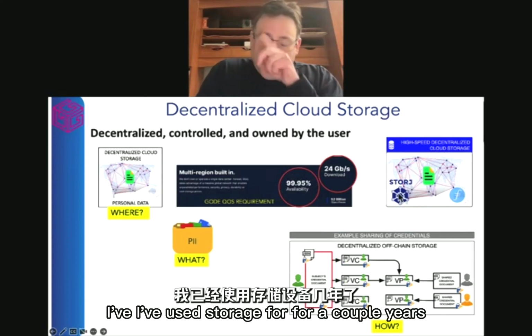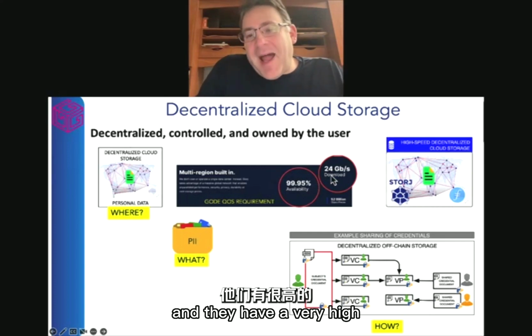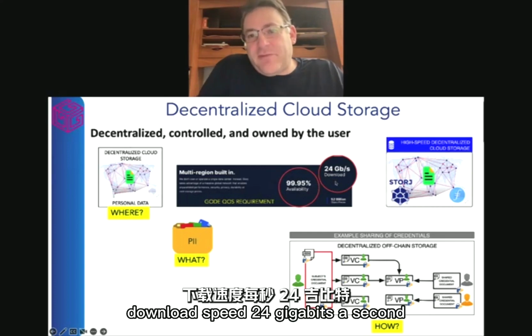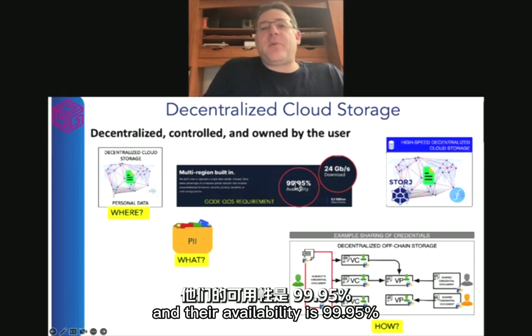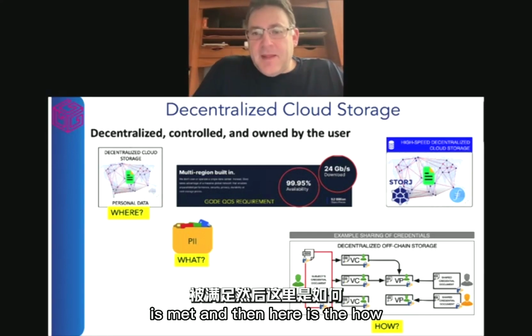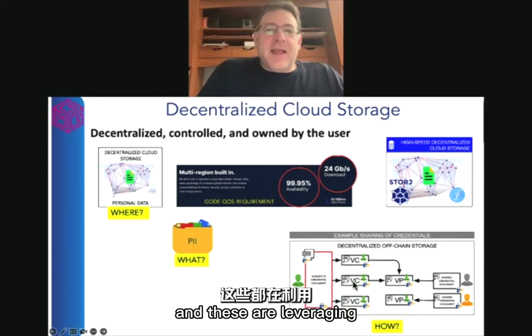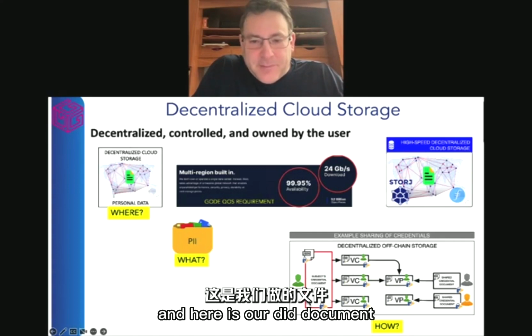I've used Storj for a couple years, and they have a very high download speed, 24 gigabits a second, and their availability is 99.95%. So the GODE quality of service requirement is met. And then here is the how. And these are leveraging the W3C decentralized identifier, and here is our DID document.